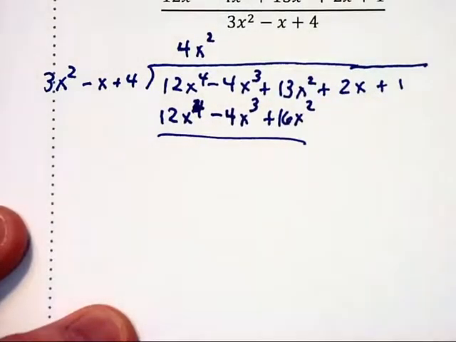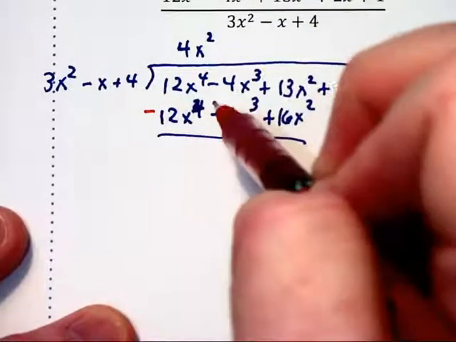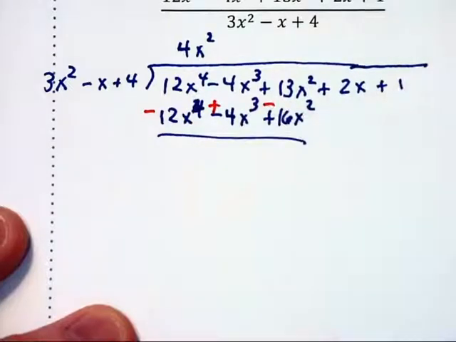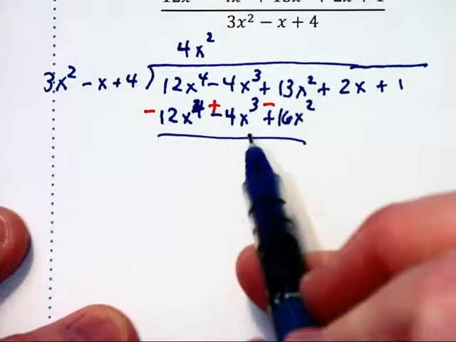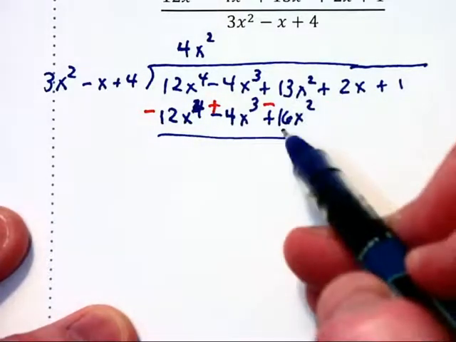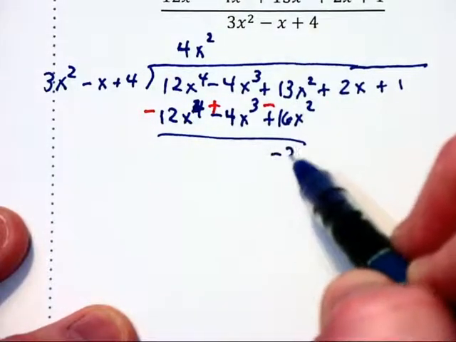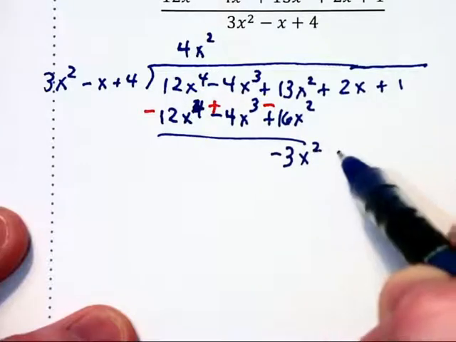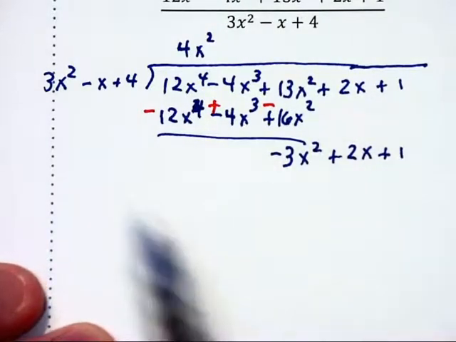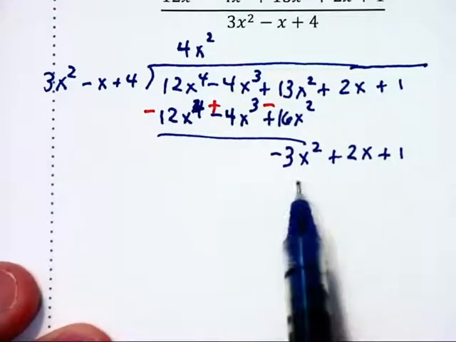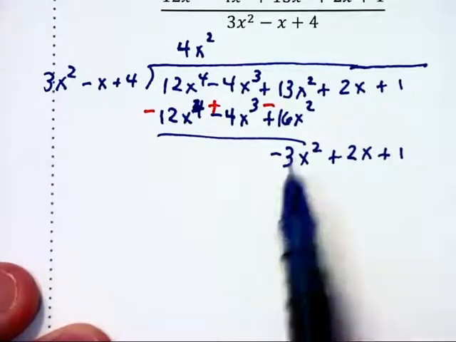Draw our line. Add the opposite, minus, plus, minus, and the x to the fourth terms cancel, as do the x to the third terms. So 13 minus 16 is negative 3x squared, and I will bring down the remainder of the problem. We look only at the 3x squared out front and the negative 3x squared down below.